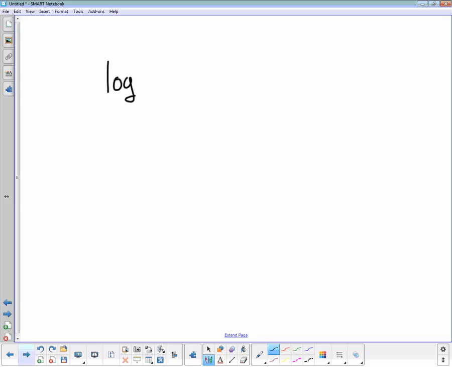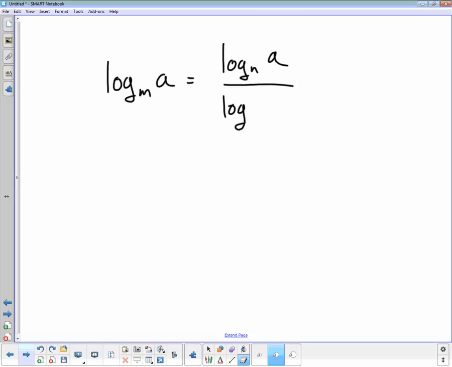Log base m of a is equal to log base n of a all over log base n of m.